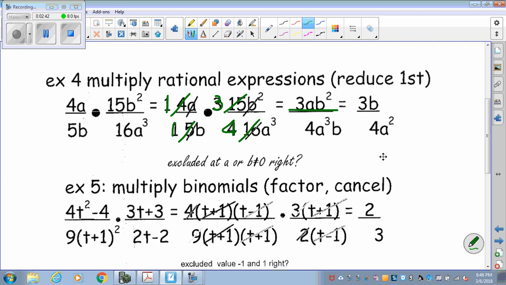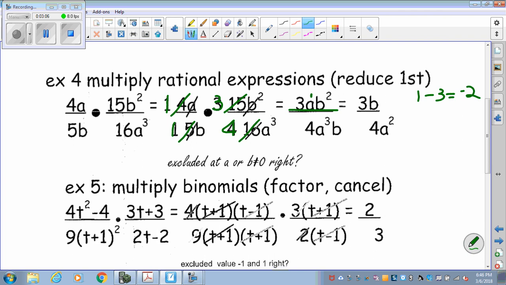Now I still had a times b squared, and then a cubed times b. So I'll put these alphabetically. And now I can subtract. I've got 1a up here, and 1 minus 3 is -2.